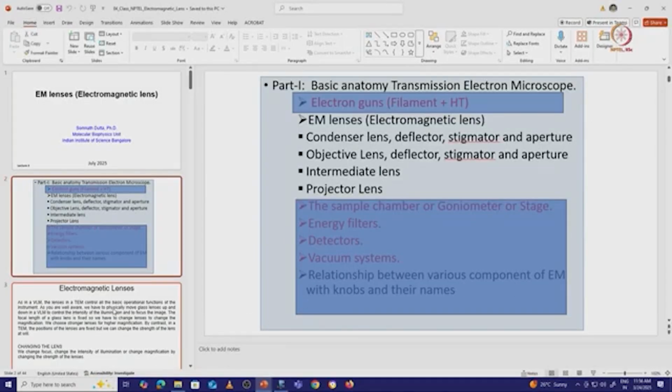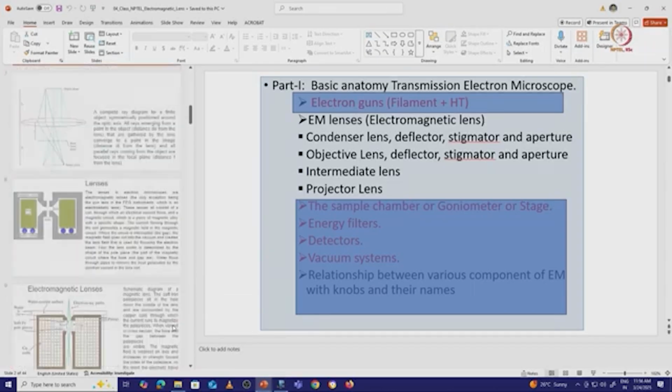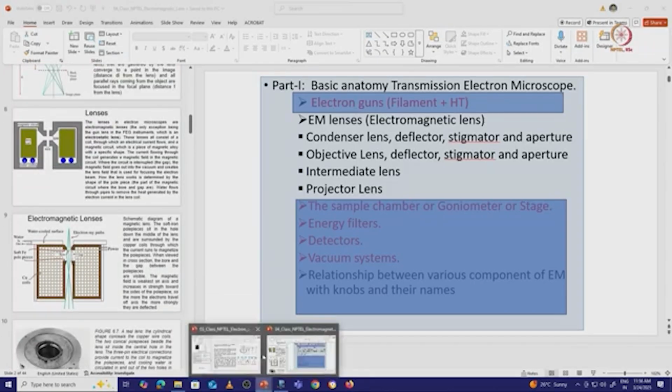If we just consider here, the electromagnetic lens. If we remember, I started with a filament, that is my filament.